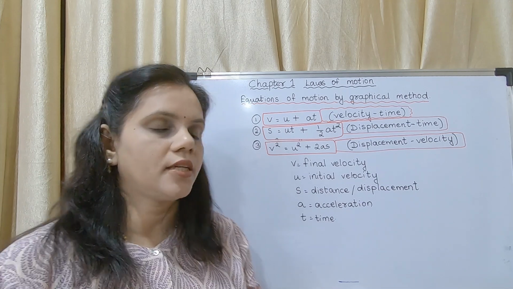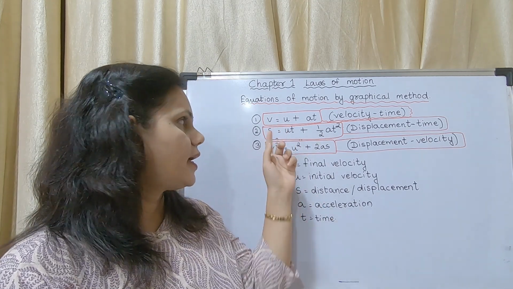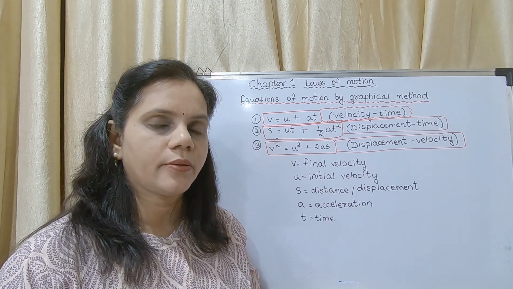The first equation is v is equal to u plus at. s is equal to ut plus half at square, that is the second equation.